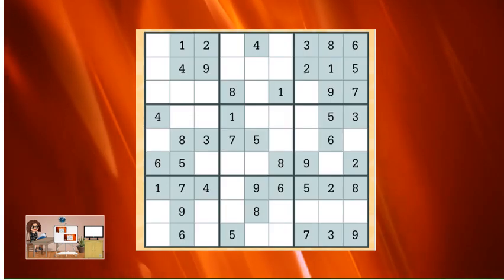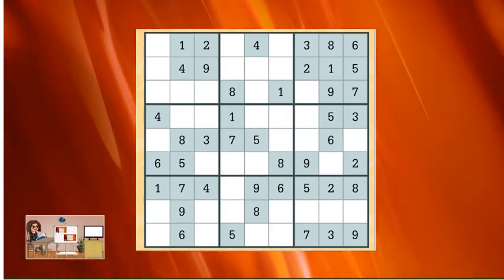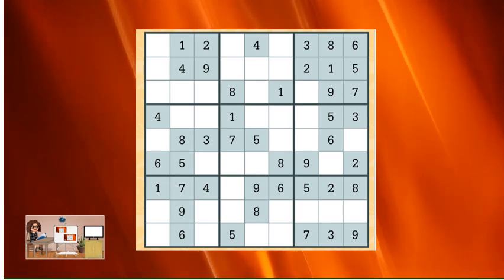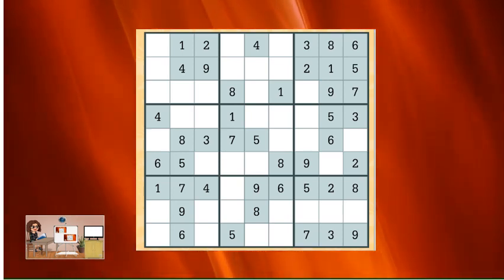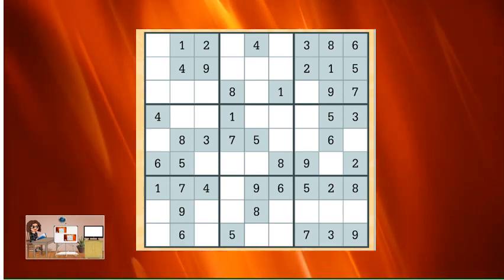So, how do we play Sudoku? Here's an example of a Sudoku puzzle which is partially filled in with some numbers. To solve the puzzle, we must fill in the entire grid with numbers from 1 to 9.